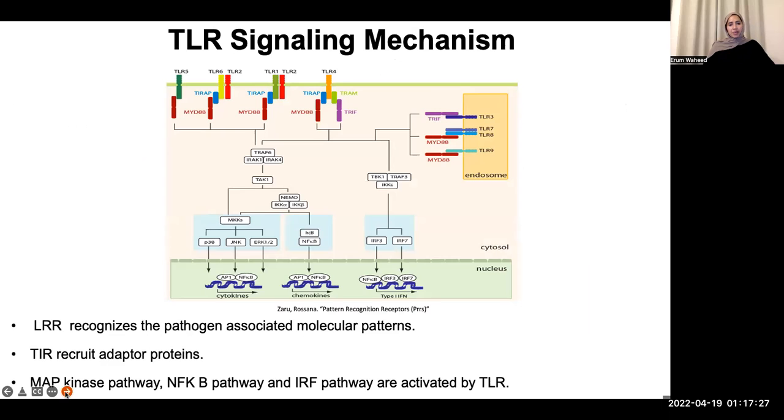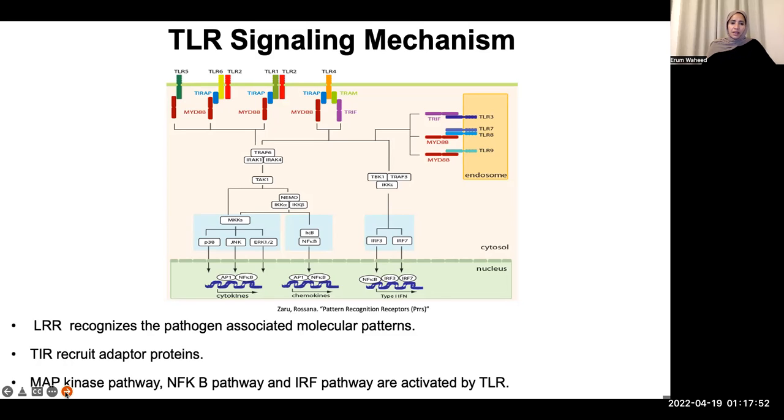Toll-like receptor signaling mechanism. The toll-like receptor extracellular domain, which consists of leucine-rich repeats, recognizes microbial signatures known as pathogen-associated molecular patterns or damage-associated molecular patterns. The toll interleukin receptor domain recruits adapter proteins such as myeloid differentiation protein 88 and TRIF protein.